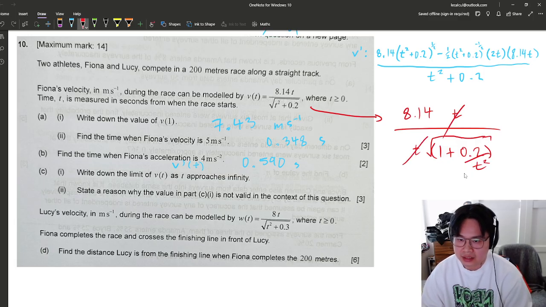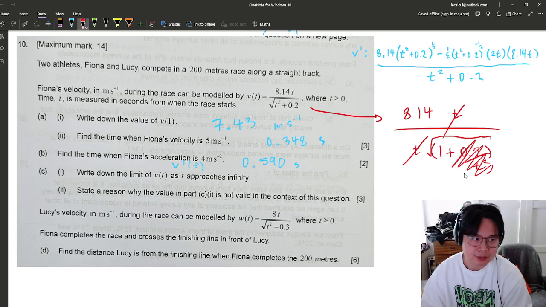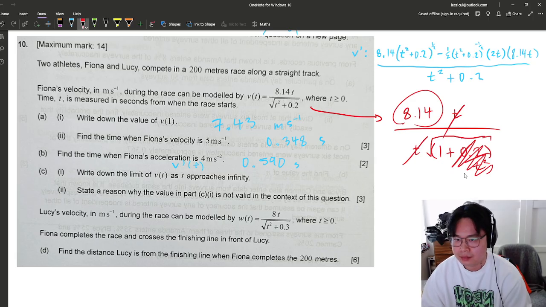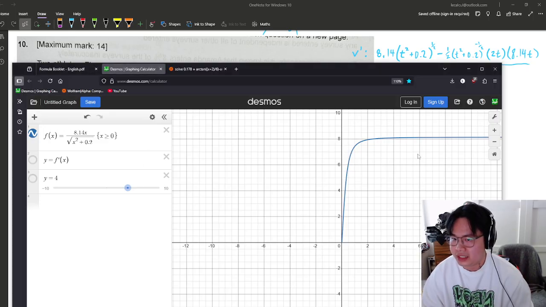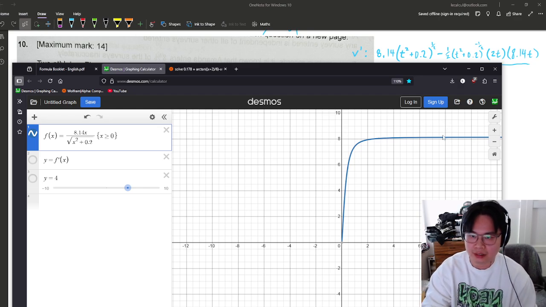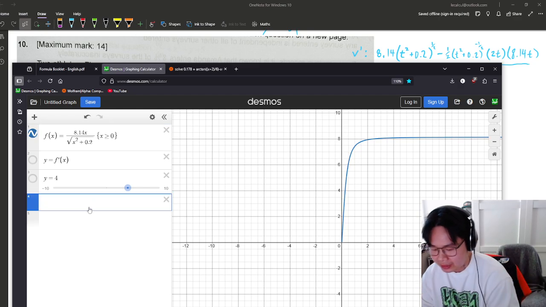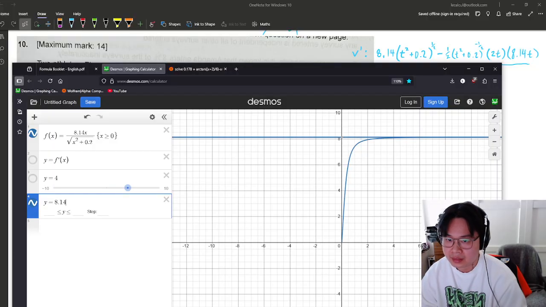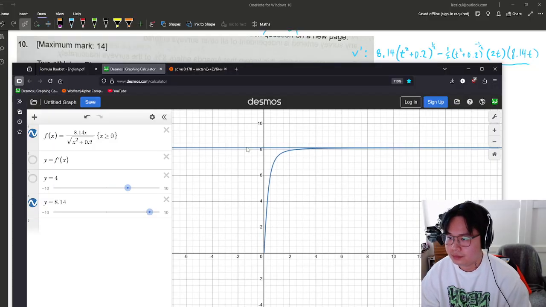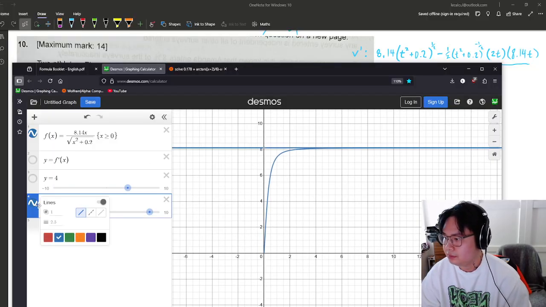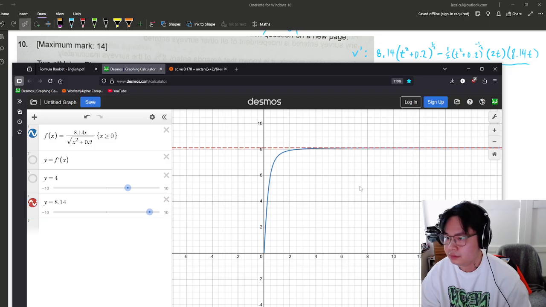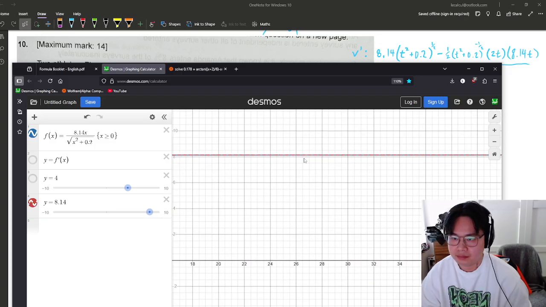This is going to go to 0 as t goes to infinity. So, 8.14 divided by 1 is 8.14 meters per second. Right? And then you can see here at the y values, it's approaching 8.14. We can even graph it. And yeah, that's your limit.